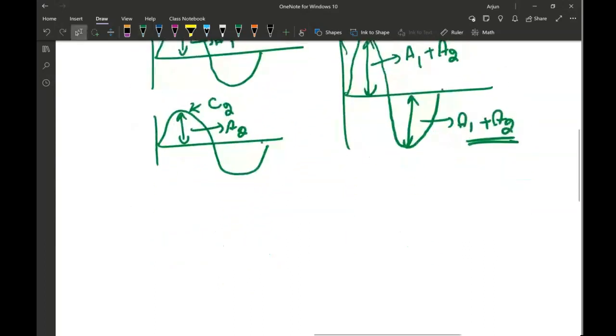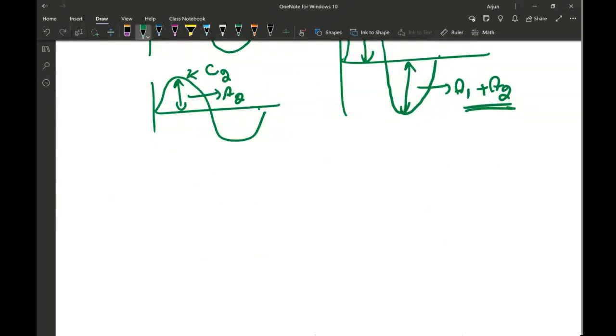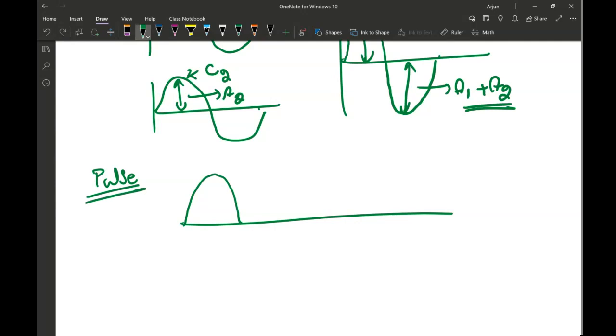Now, why did I say at that particular point? Because let's say I draw a first wave, and I'm drawing the half wave here, and a half wave is also called pulse. Pulse. Half wave means pulse. And this is another half wave, and this has an amplitude A1, and this has another amplitude A2, and I'm assuming A1 is greater than A2 in this case.